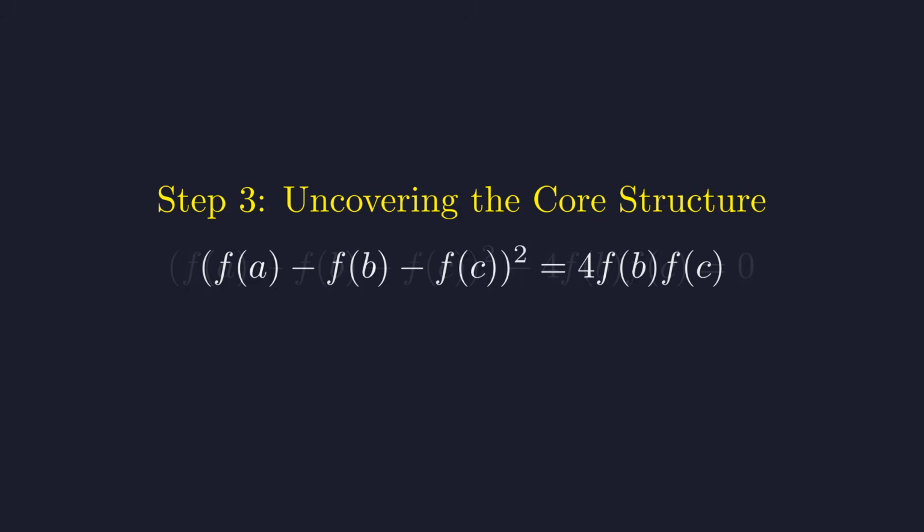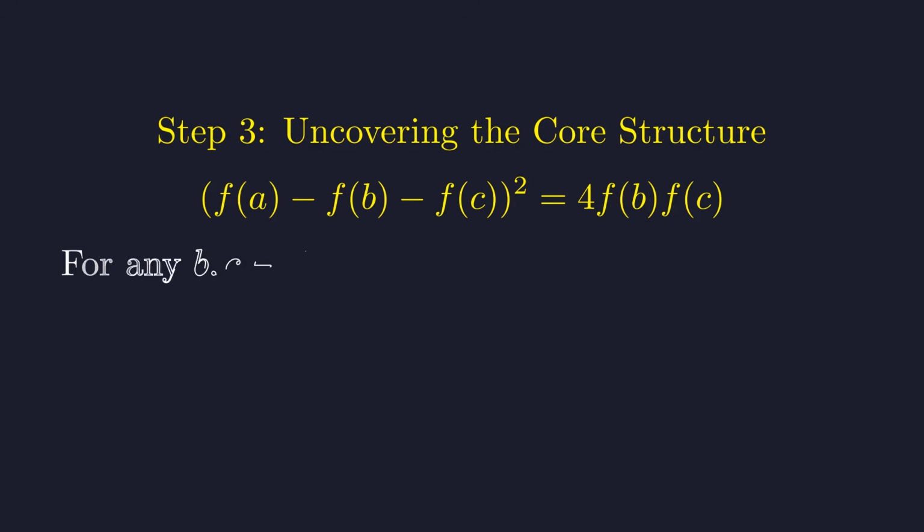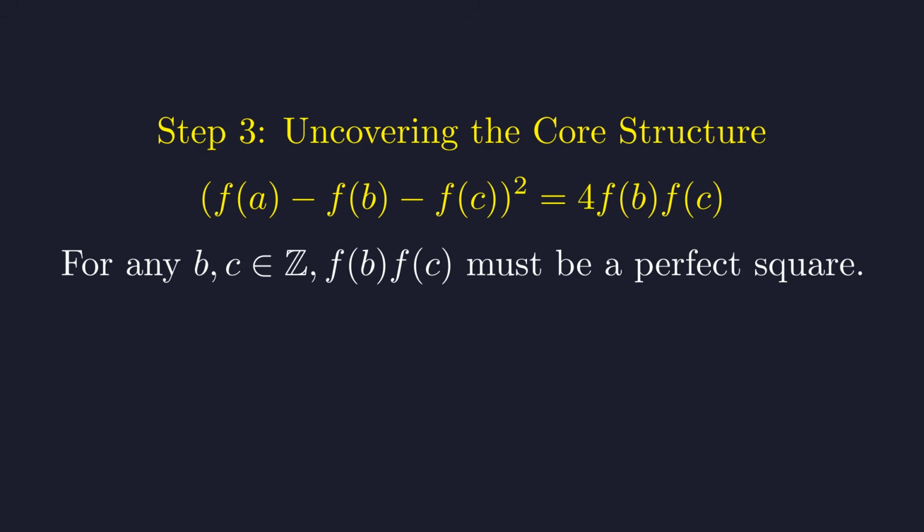This reveals the core structure of our functional equation. It must hold for any a, b, c that sum to 0. The left side is a perfect square. This implies the right side must also be a perfect square, which gives us a powerful condition on the function f. This means that for any two integers b and c, the product of their function values must be a perfect square.